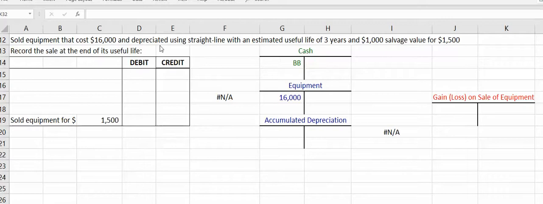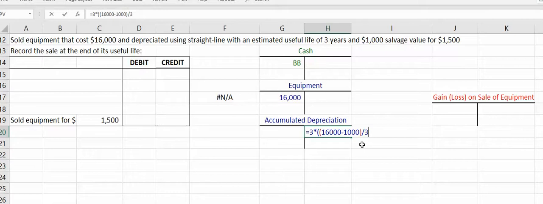So let's go through. We have a $16,000 equipment. It's been depreciated over the past 3 years using straight line. So I'm going to do the formula here. 3 years times the straight line expense each year, and that is your cost, or your depreciable base, or your depreciable cost, which is your 16,000 minus the salvage value of 1,000, and the estimated useful life is 3 years.